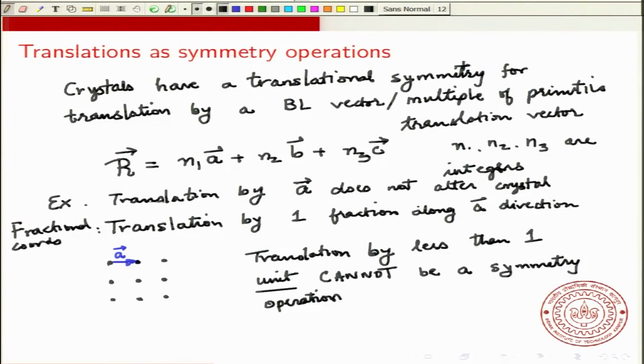So if you translate by less than this, it won't be a symmetry operation.